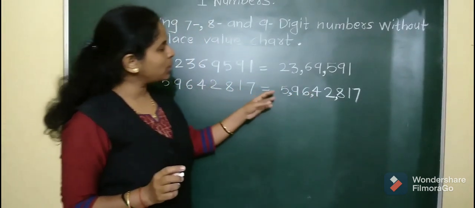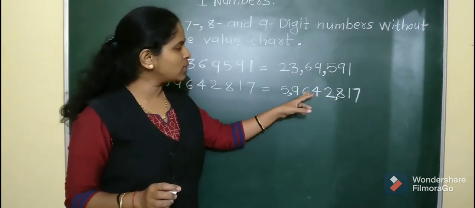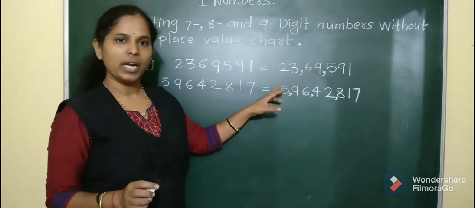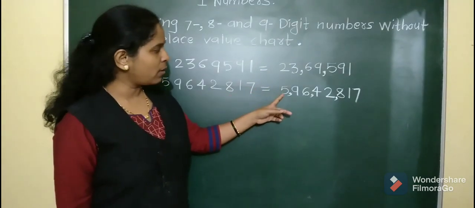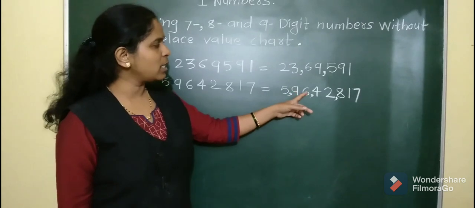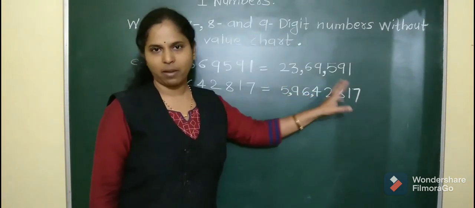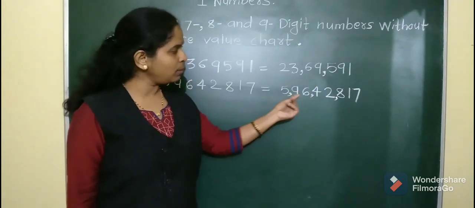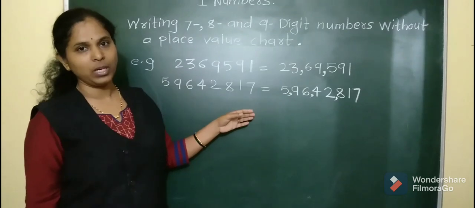From this, how many digits does the number have? See, 3, 4, 5, 6, 7, 8 digits. An 8-digit number starts with the crores place. So now see here, 5 crores, 96 lakhs, 42,817. In this way, by using commas, we have learned how to read the numbers.